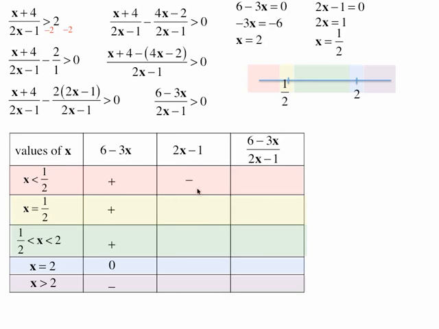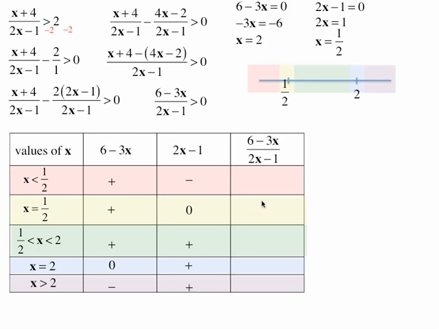When x is equal to 1/2, 2 times 1/2 is 1, 1 minus 1 is 0. When x is between 1/2 and 2, for example when x is 1, I have 2 take away 1 is 1, which is a positive. When x is equal to 2, 4 take away 1 is 3, a positive. And when x is greater than 2, like when x is 3, 6 take away 1 is still positive.